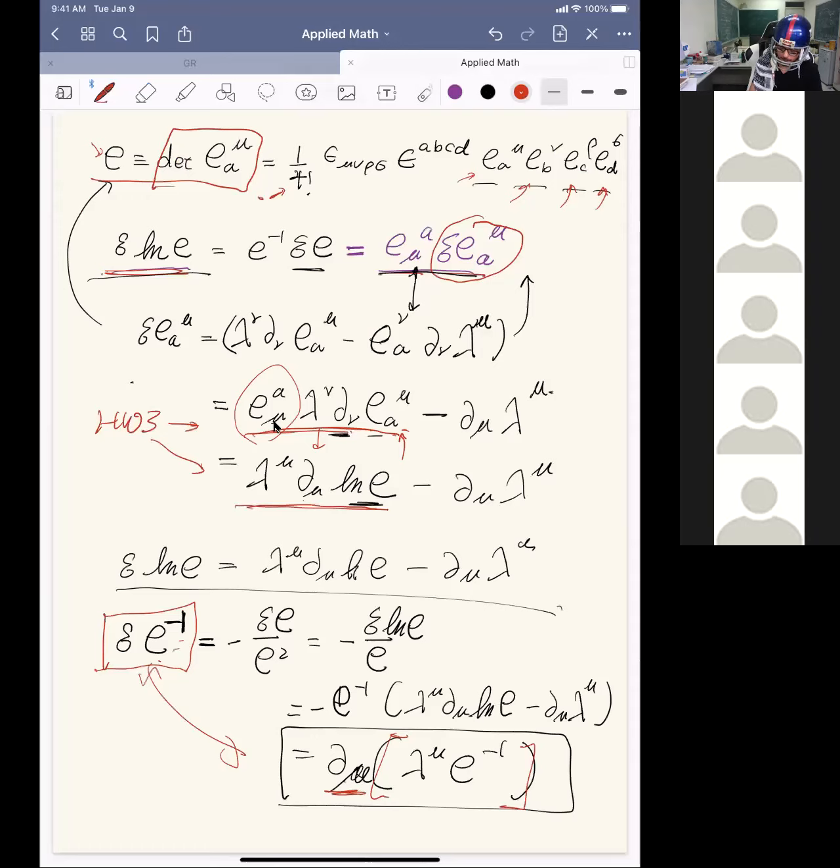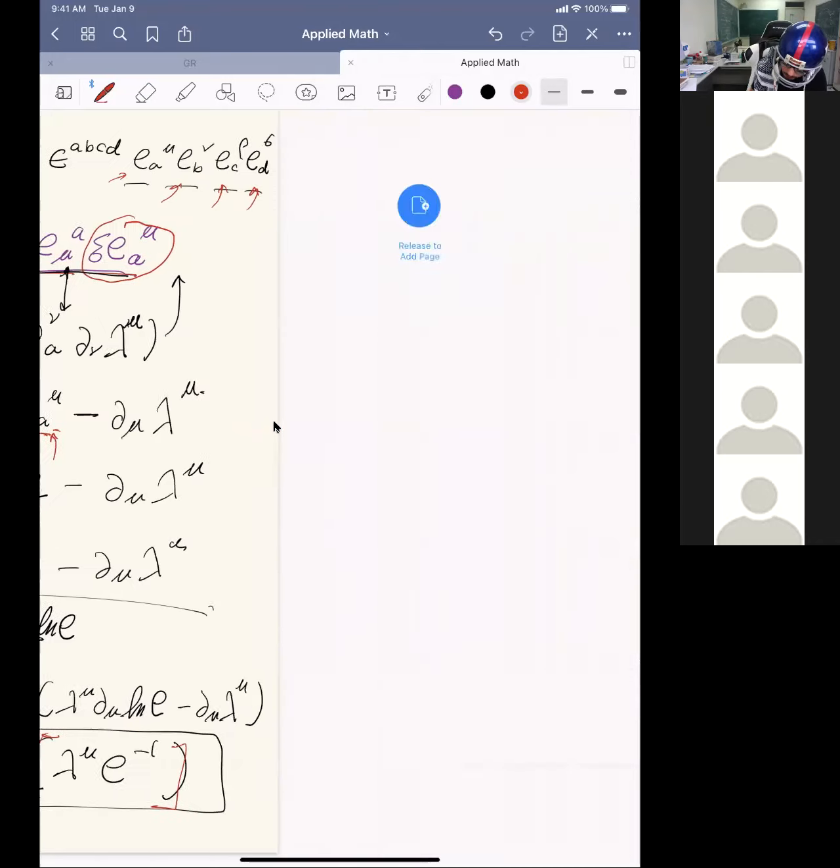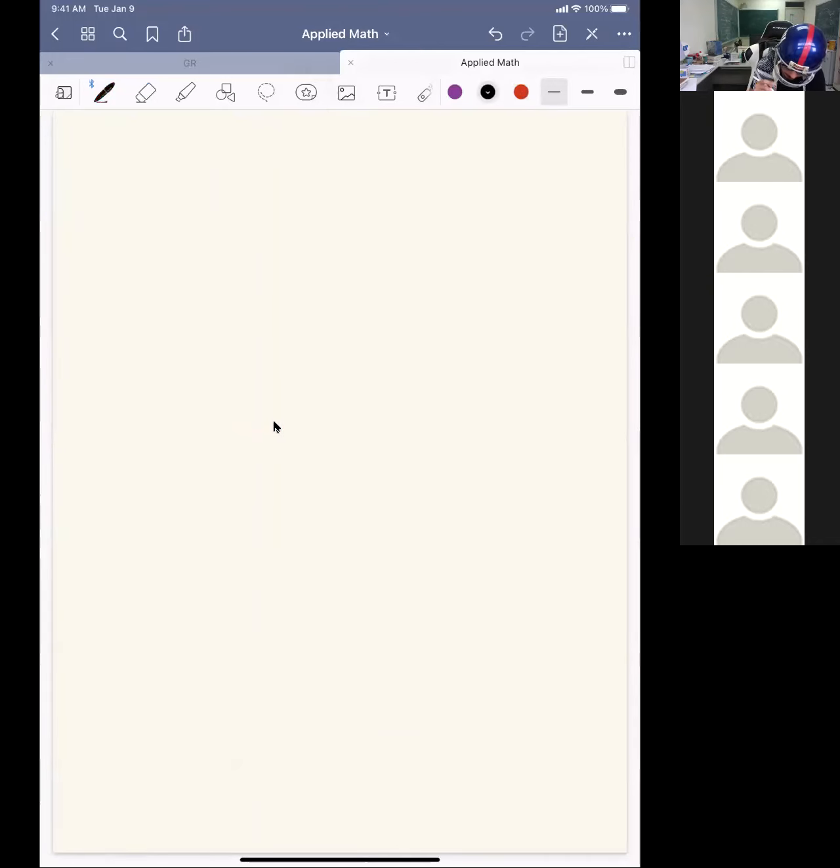Okay? So what is the whole point of doing this? Well, let's say we try to write an action, dx4 with something here, where this is a scalar.